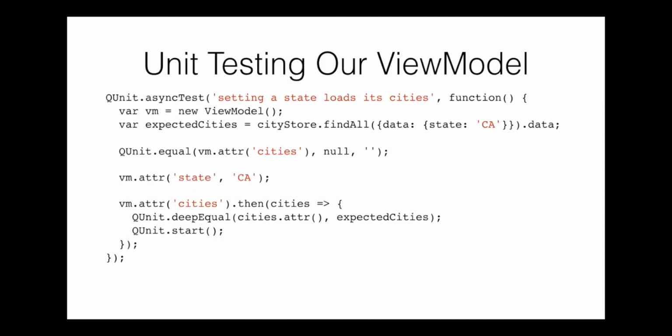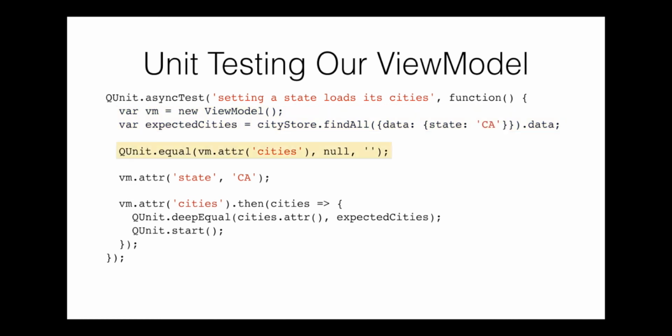Unit testing this functionality is pretty easy. Our view model handles all of the complex logic, which means we don't have to bring in the view for our unit tests. An example of one unit test might be setting a state loads its cities. All we do is initialize a new view model, and we create a list of expected cities where we check the city store for all the data where the state is equal to California.